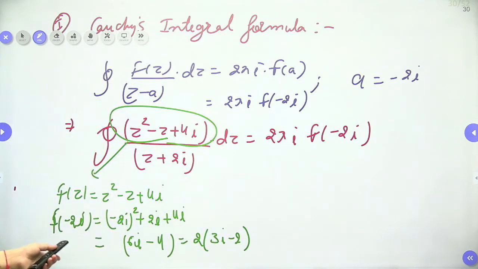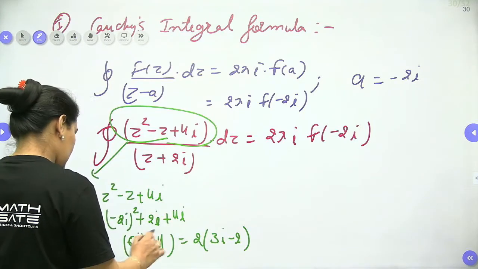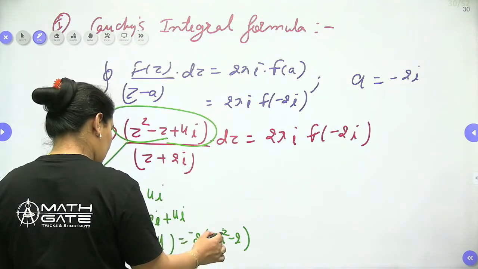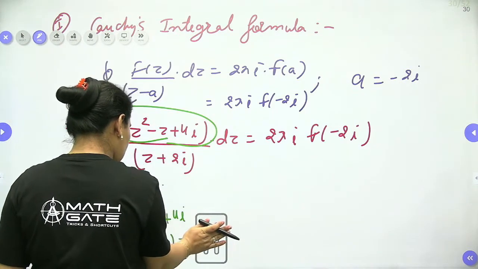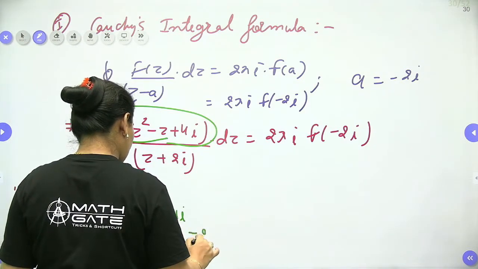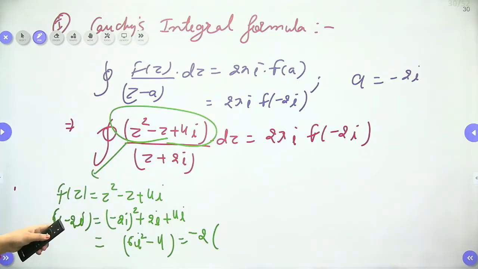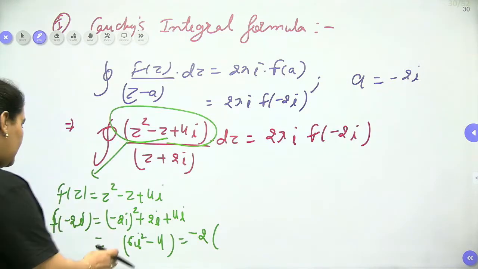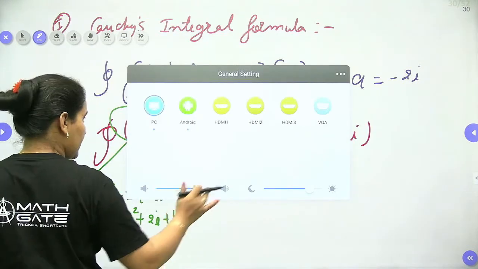Iota I am just keeping as it is. If we want to finalize it, we can write it just like this. Okay, we can directly approach now.